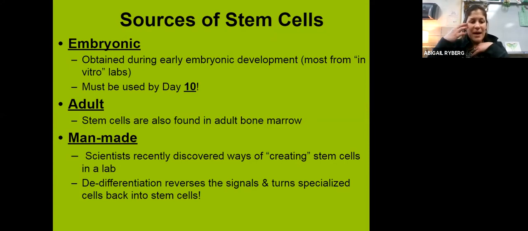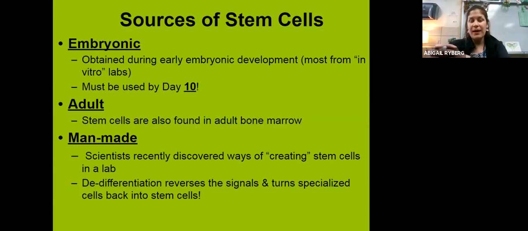And then the third one is man-made. Scientists have recently discovered ways of creating stem cells in a lab. They basically de-differentiate, or reverse the signals that turn specialized cells, back into stem cells. This is the latest development. Scientists are really excited about the ability to take a clump of cells that have jobs and reverse them back to stem cells.